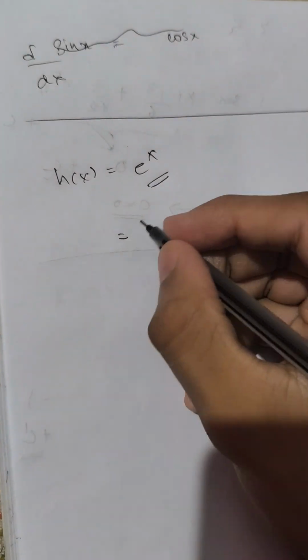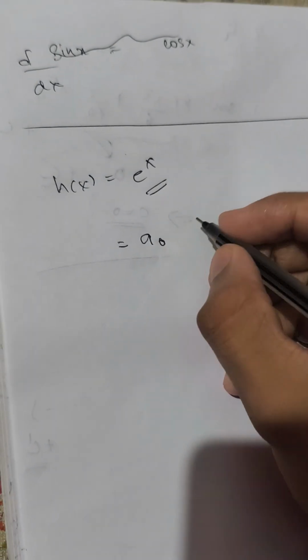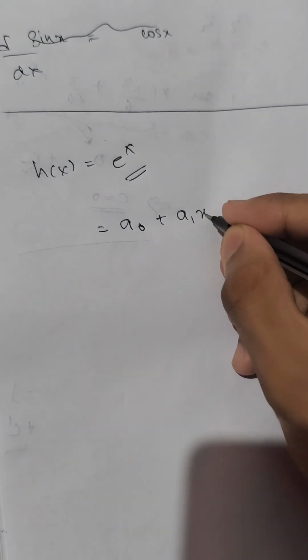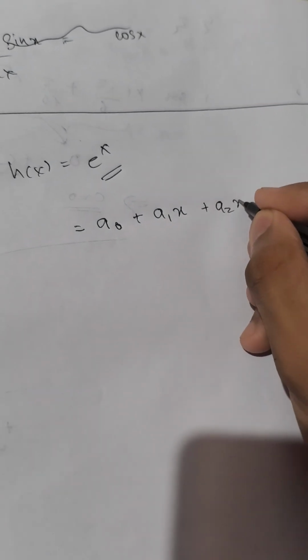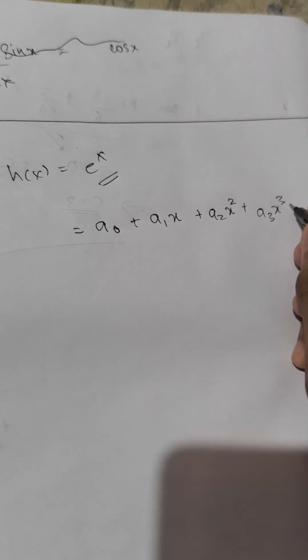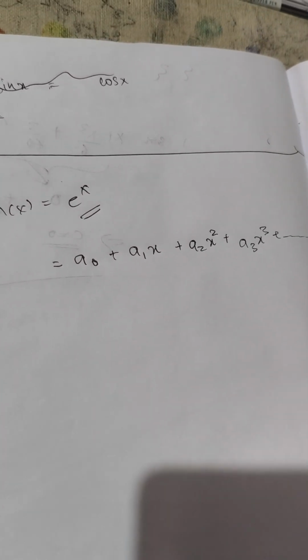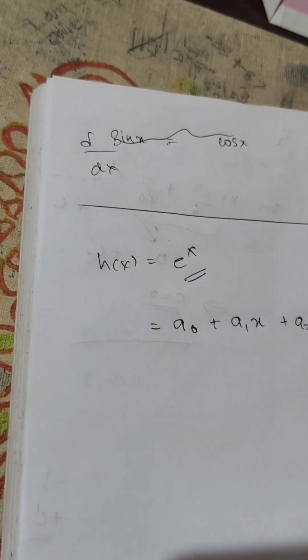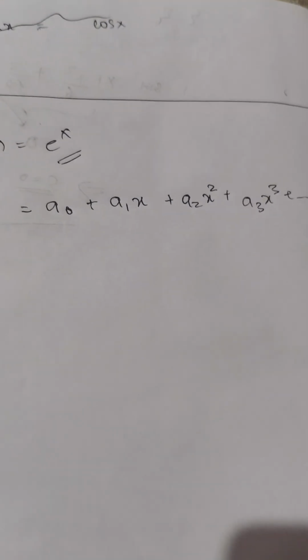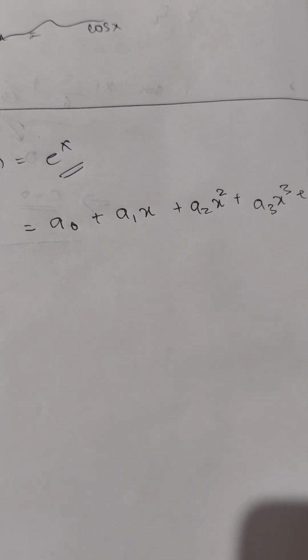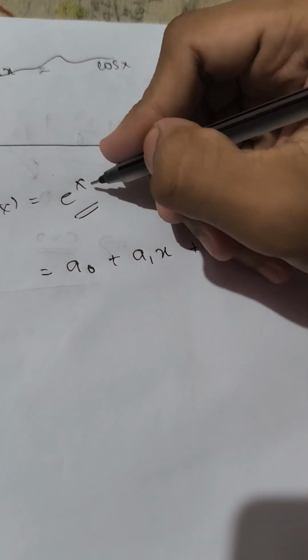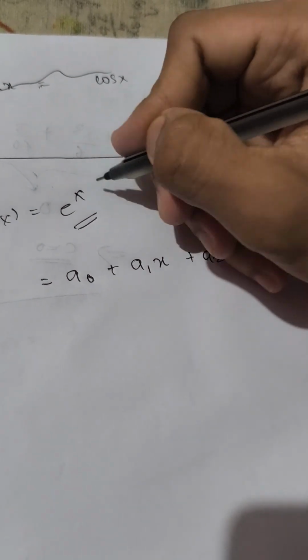So I'm going to write this as a0 plus a1x plus a2x squared plus a3x cubed plus so on and so forth, extending up to whatever. Okay, it's an infinite series, right? So the reason why I'm able to do this, like I said, is because I know this is an exponential, it's a polynomial function.